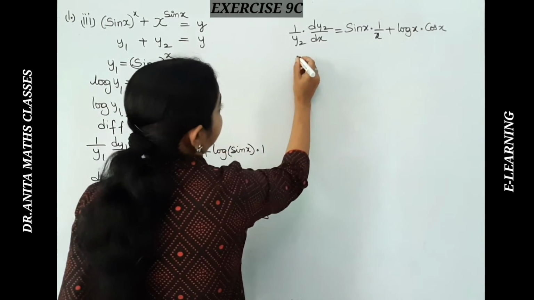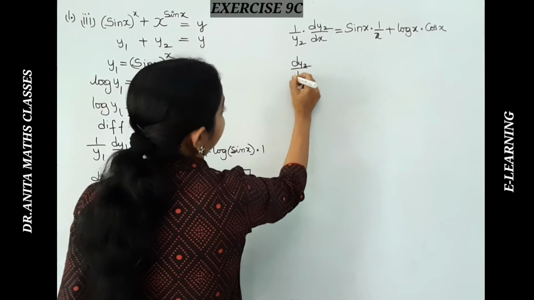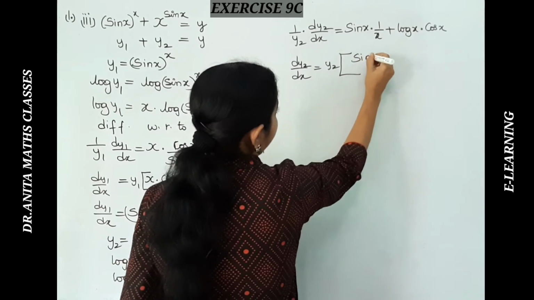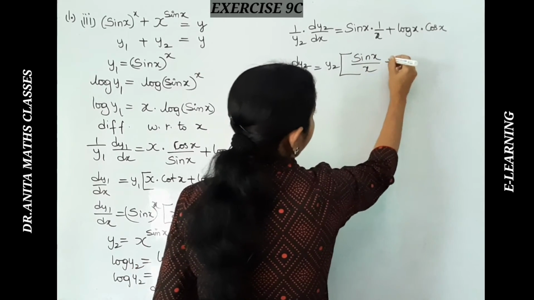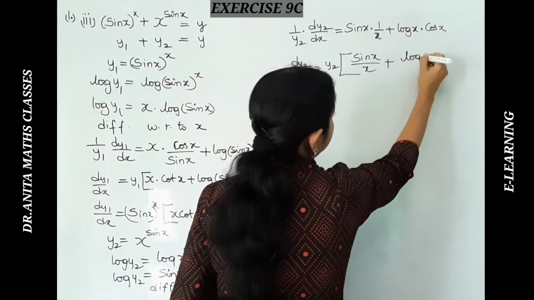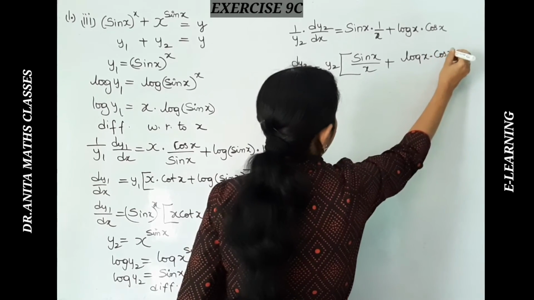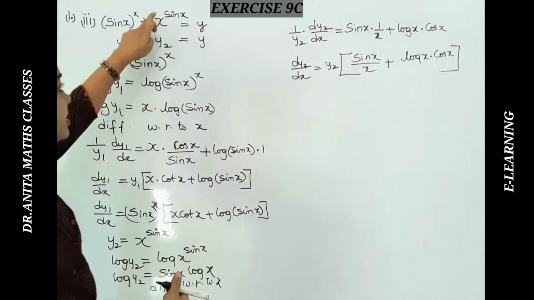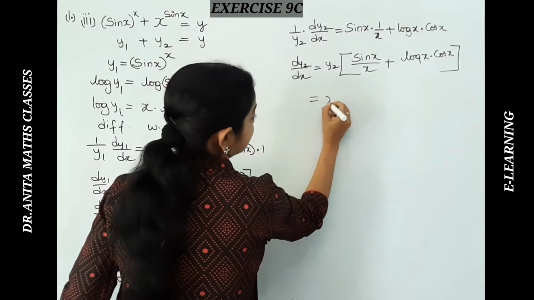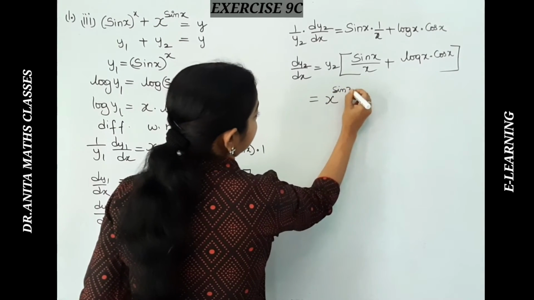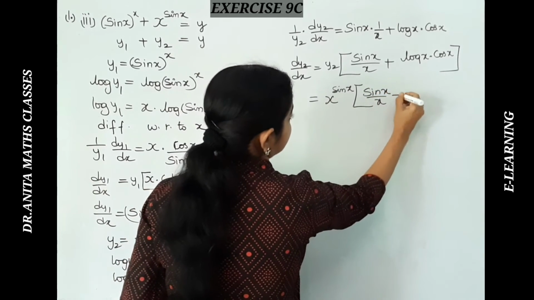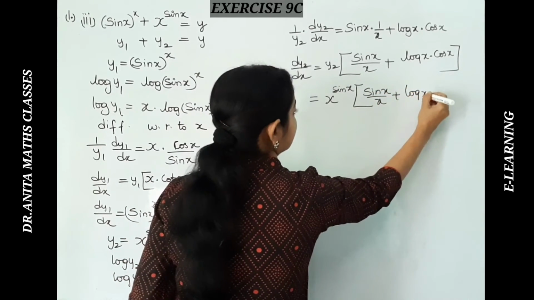Now here dy2 upon dx is equal to y2 multiplied by sin x divided by x, plus log x multiplied by cos x. Now y2 is what? y2 is our x raised to the power of sin x. So x to the power of sin x multiplied by (sin x by x plus log x cos x).